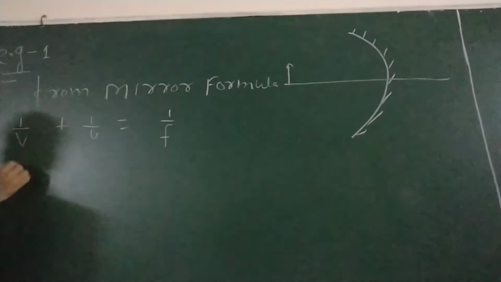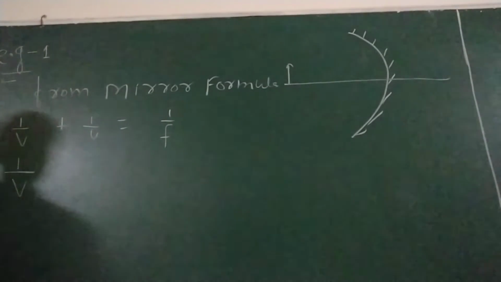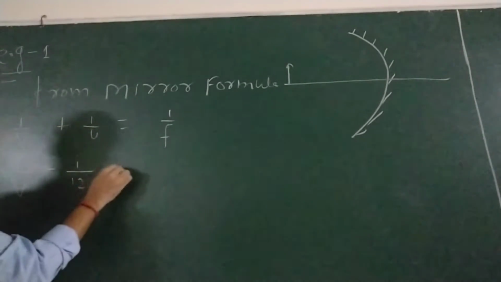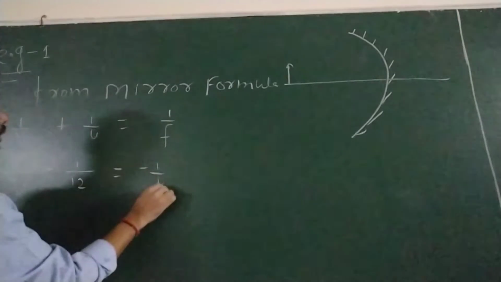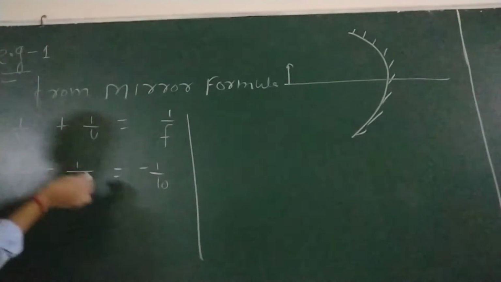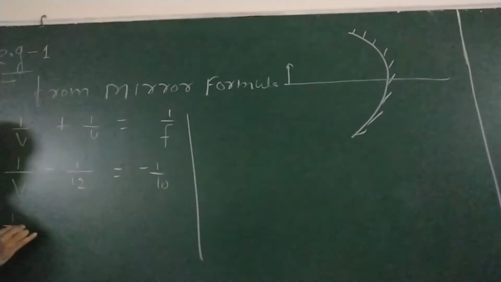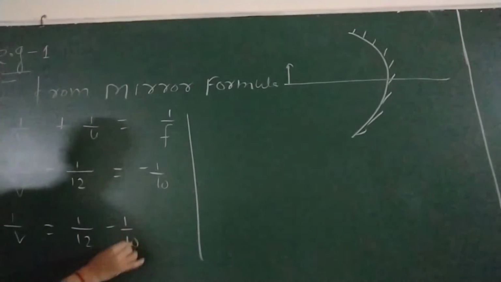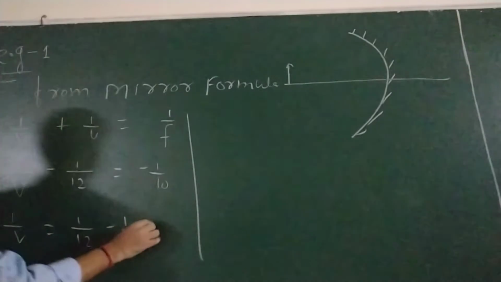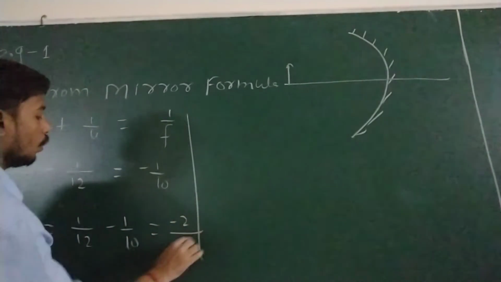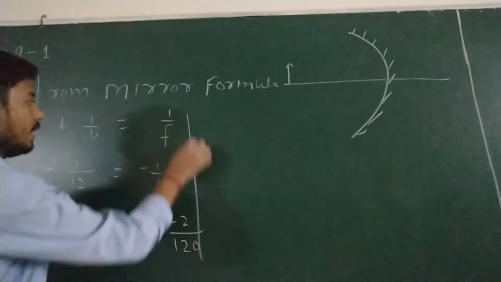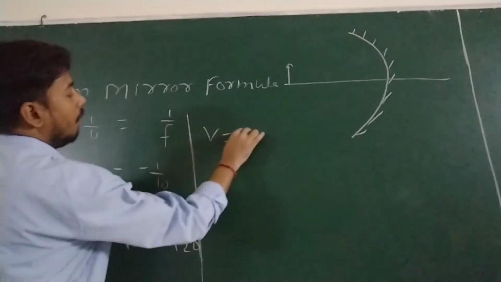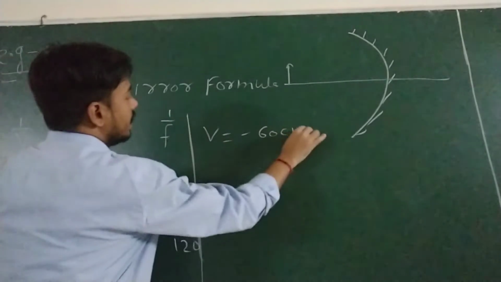We don't know V, so this becomes 1 by V minus 1 by 12 is equal to minus 1 by 10. If we solve this, 1 by V is equal to 1 by 12 minus 1 by 10. So 10 minus 12 becomes minus 2 by 120. Okay, so from here V becomes minus 60 centimeter.